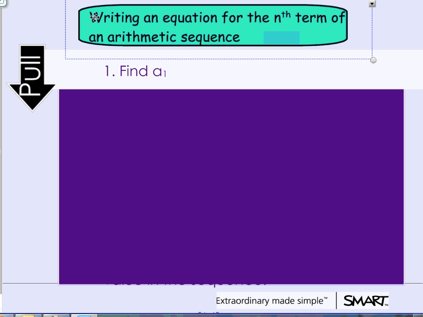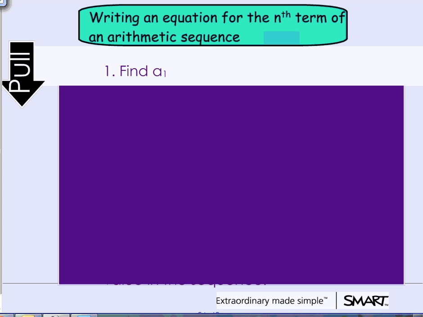So when we're writing an equation for the nth term or an unknown term of an arithmetic sequence, they always tend to use n when you're talking about a specific number in a sequence, probably standing for number. It's just always how they do it. Okay. So the first step, and this will all make sense at the end, is find a1.